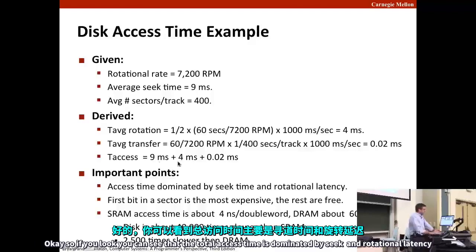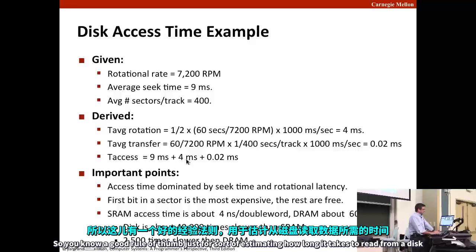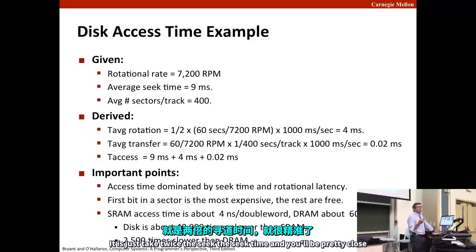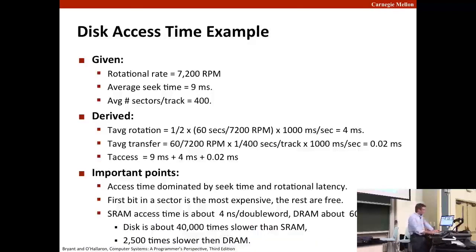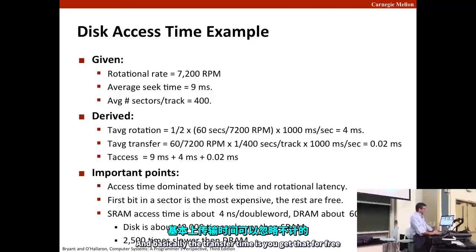So the total access time is dominated by seek and rotational latency. A good rule of thumb for estimating how long it takes to read from a disk is to take twice the seek time, and you'll be pretty close. Basically, the transfer time you get for free.